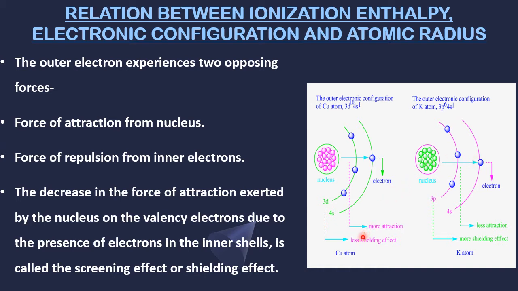Because of the less shielding effect in copper compared to potassium. In potassium we have more shielding effect, so these electrons cover this electron properly, there is less effective nuclear charge on it, and you can remove it easily. In copper, the 10 electrons in the 3d are not shielding properly, not protecting this electron properly, so it is under the control of the nucleus.